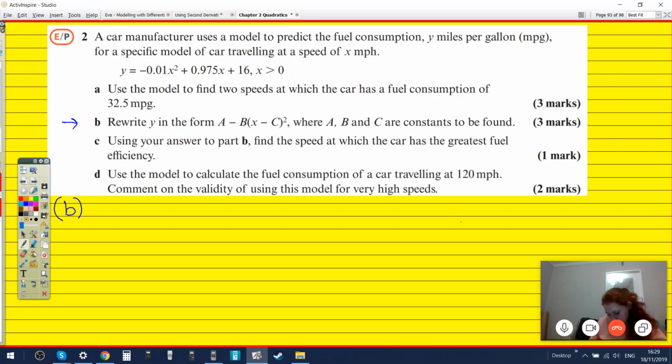So for part B, you just have to complete the square, right? Okay. Actually, I just had a great idea. Maybe it's not so great. Go about your completing the square. Okay.